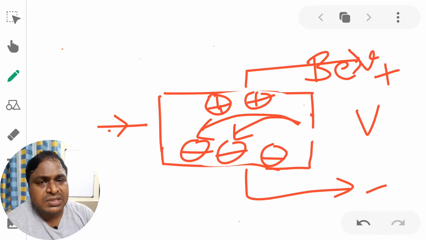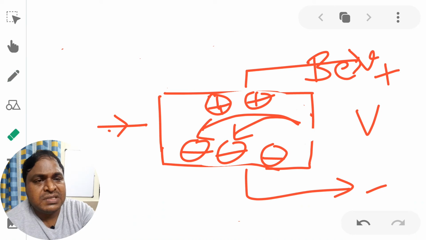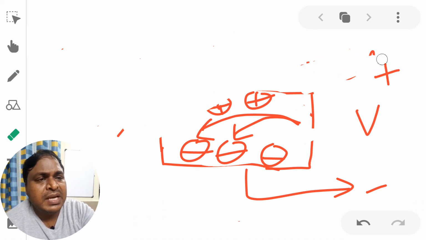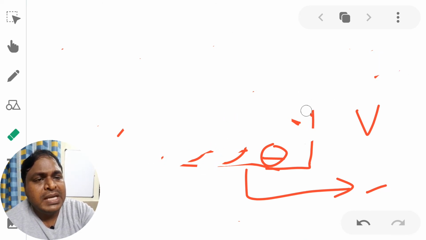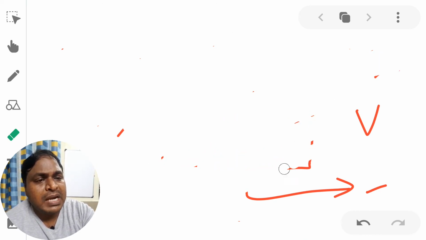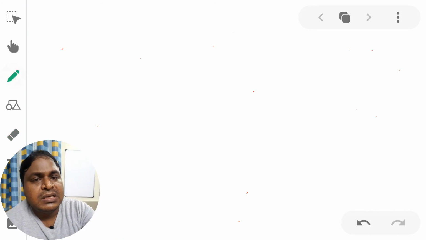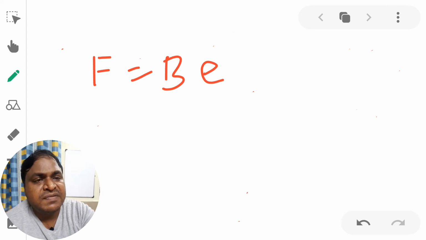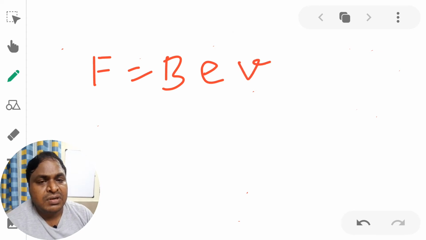Okay, now let's go for the equations. Now you know that the force experienced by an electron by the magnetic field is BeV. B stands for magnetic induction, e stands for charge of an electron, V stands for the velocity.